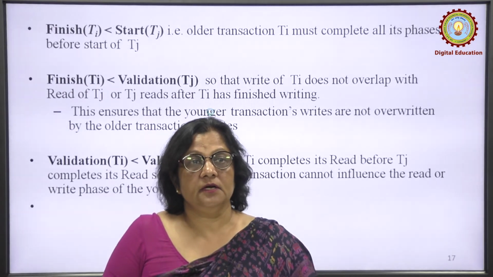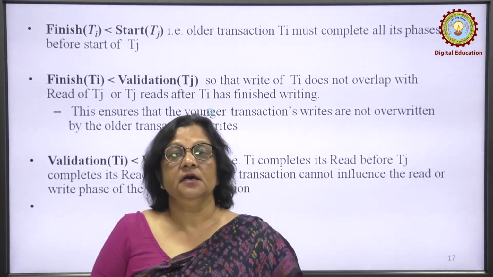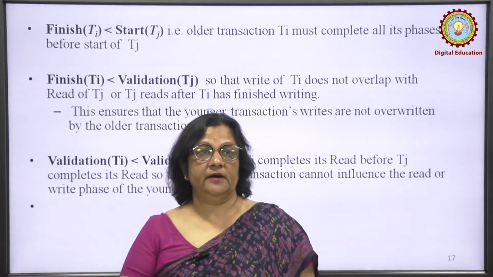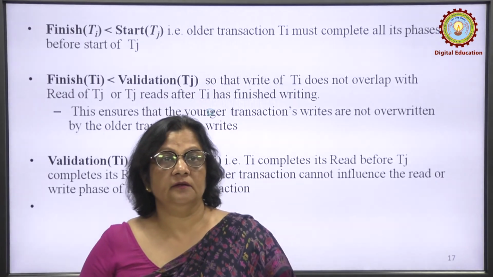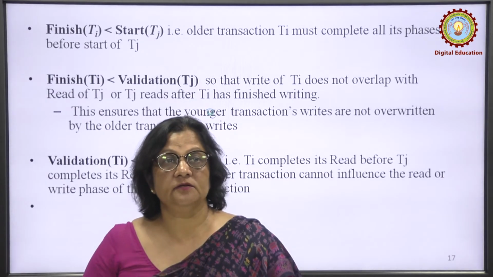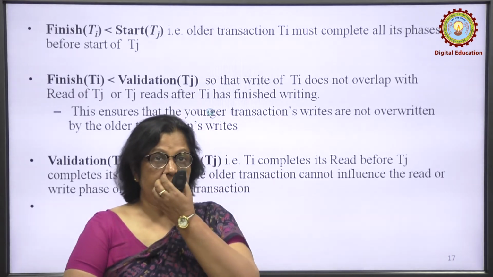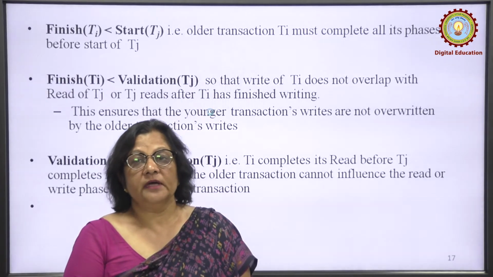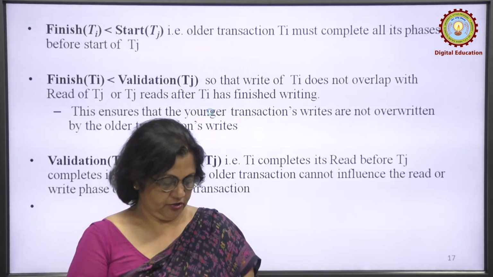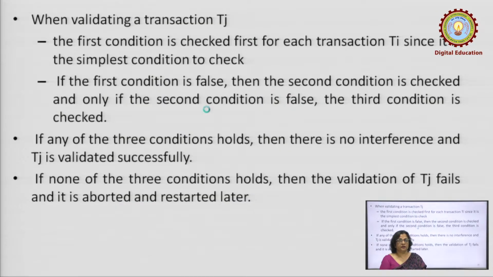The third condition is that validation of Ti is less than the validation of Tj, that is Ti completes its read before Tj completes its read phase, so that the older transaction cannot influence the read or the write of the younger transaction. These three conditions are checked one by one. That is, the first condition is checked for each transaction Ti which is older than Tj.